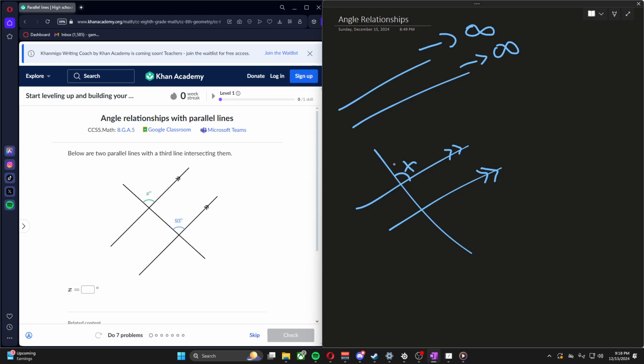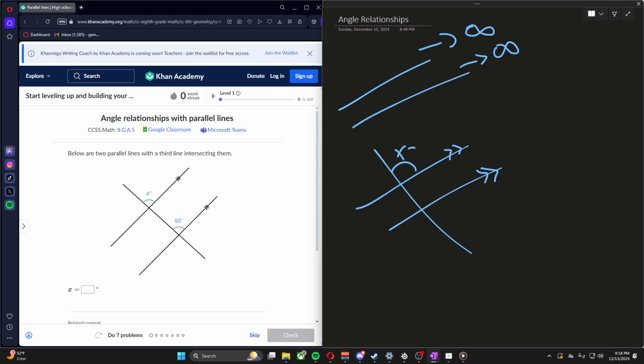How do we do that? Well, if this was the only information we were given, we couldn't. There's not enough information here to figure out what x is just from this. But because we know that this angle right here is 93 degrees, and because we know that these two lines are parallel, this means the slope of this has to be the exact same as this one, meaning the angles also have to be the same for this line intersecting them.